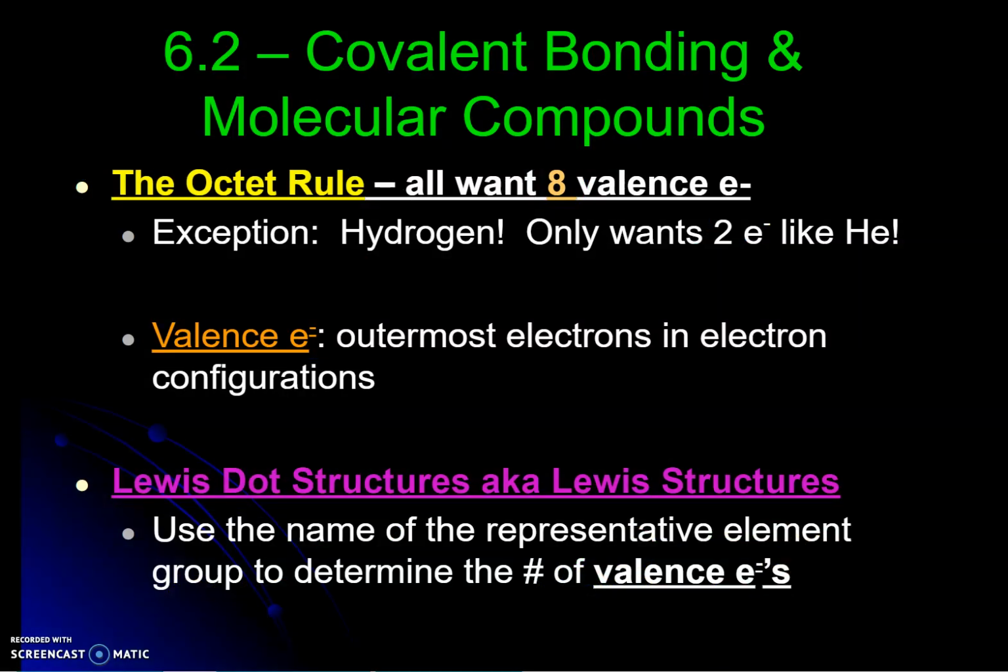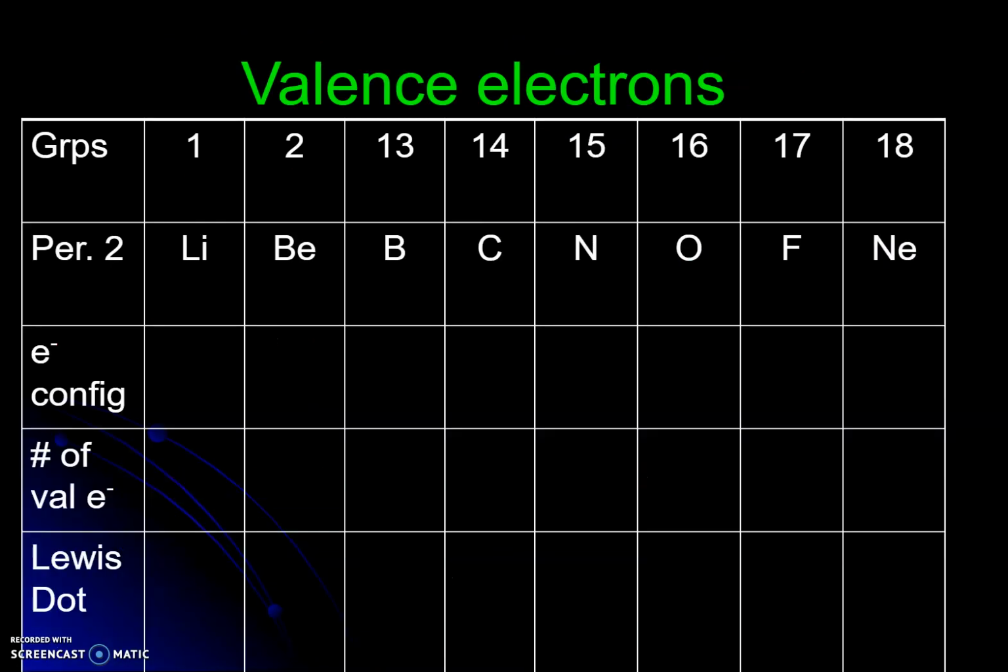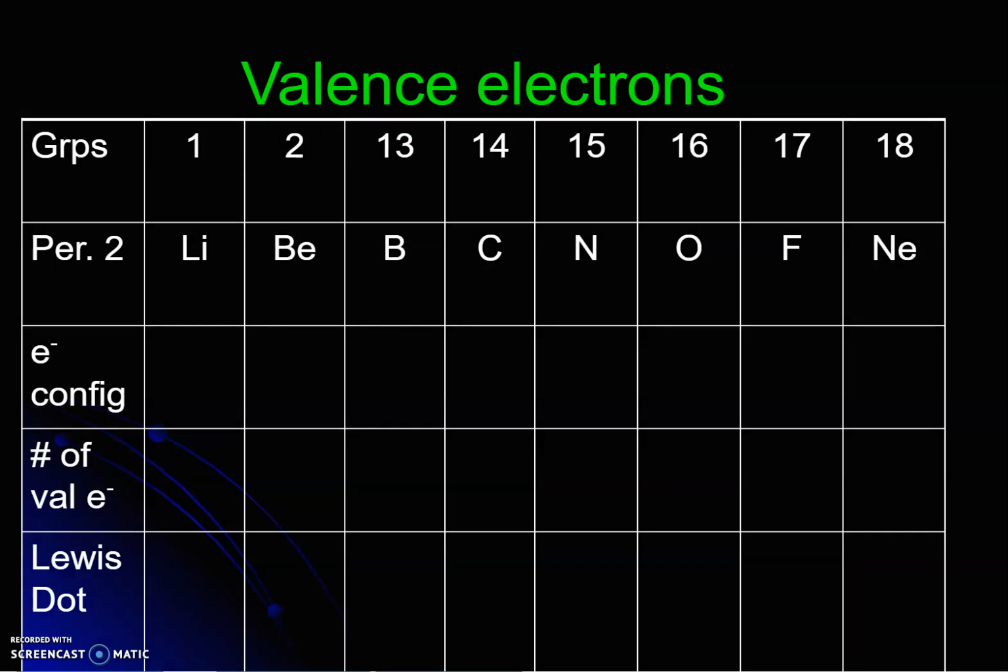So if we quickly take a look at our periodic table, we're only going to do this with the representative elements again, because it's going to have the biggest pattern that's discernible. So that means we have groups 1 and 2, and then 13, 14, 15, 16, 17, over to 18. Okay, we're going to do period 2, which is row 2.